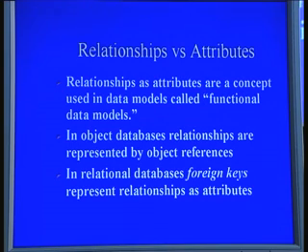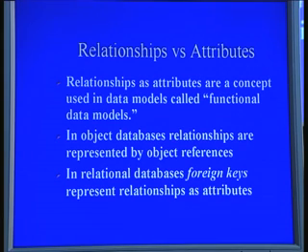So we need to determine whether a particular thing is actually a relationship or an attribute. In some kinds of data models, like functional data models or object databases, relationships are almost always expressed in the form of attributes. For example, in object databases you talk about relationships by storing an object reference. Let us say you have a relationship between employee and department.